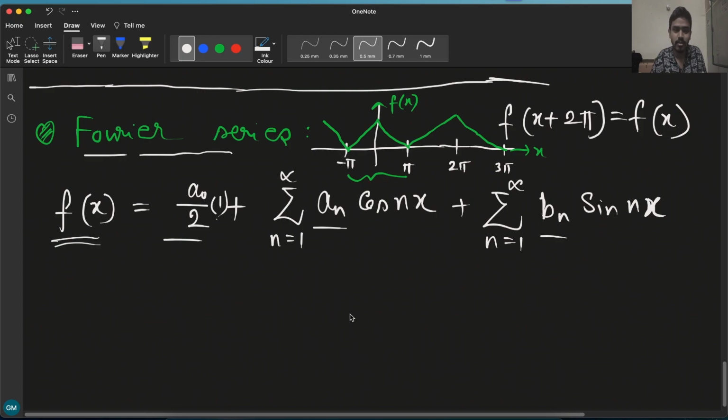So whenever we are talking about Fourier series, we are in an infinite dimensional space, with an infinite number of basis vectors. In the case of 3D, we had 3 basis vectors like i hat, j hat, k hat. But here in this function space, we have an infinite number of basis vectors. So we are in infinite dimension.